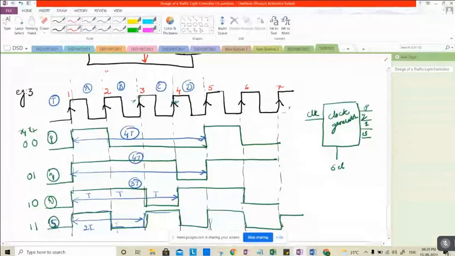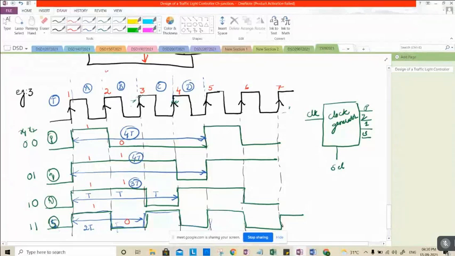Assume like this. Here in the first clock pulse, after the first positive edge, this is equal to 1, output here is 1, output here is 1. So after the first positive edge, in the first state, output must be equal to 1. In my second state, whenever I cross the first positive edge, here it should be 0, here 1, here 1, and here 0.